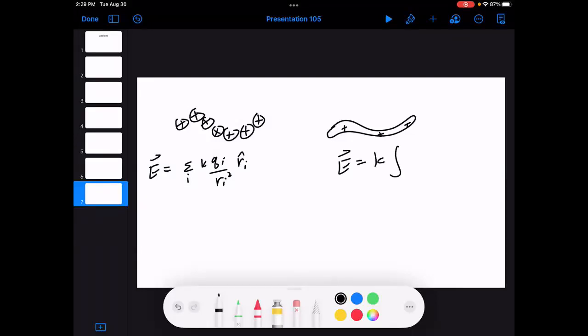K dq over r squared r hat, over q. Okay, that looks pretty good. Looks great, in fact. And okay, let's point out a few points here. One, what are we integrating with respect to in this integral?